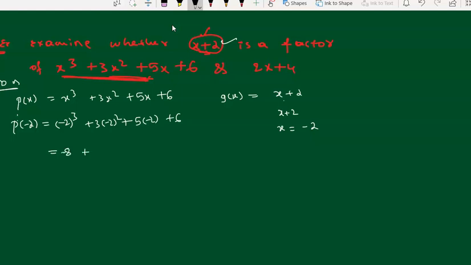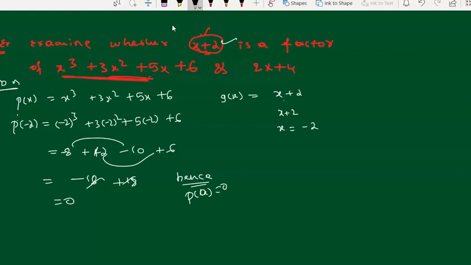Here you are going to get 3 into 4, 3 fours are 12, minus 10, plus 6. So add this: minus 18, plus 18, cancel out, you are going to get 0. So hence p of a is equal to 0.